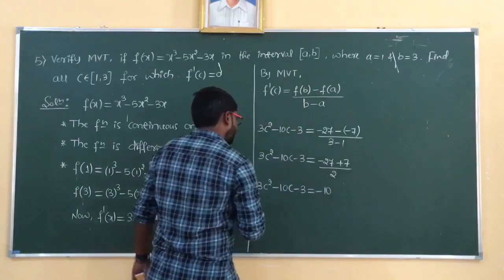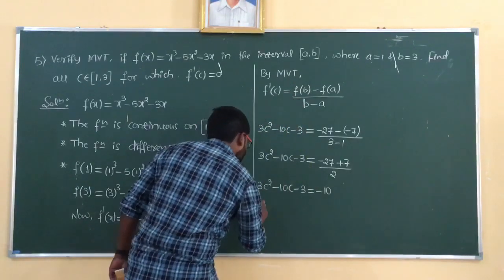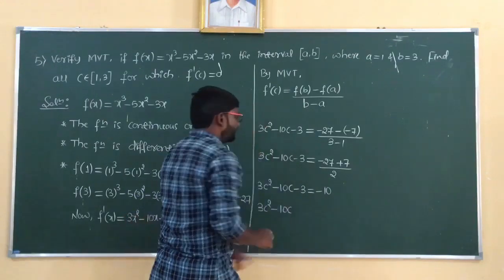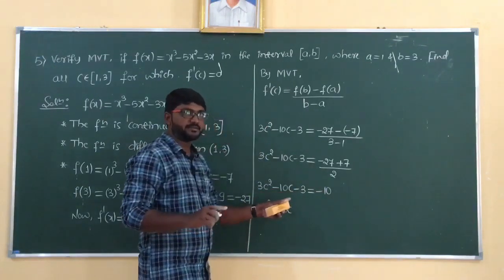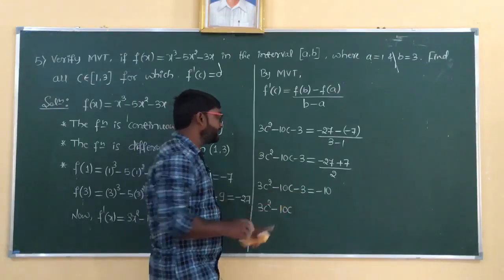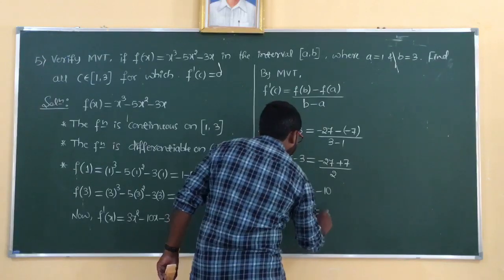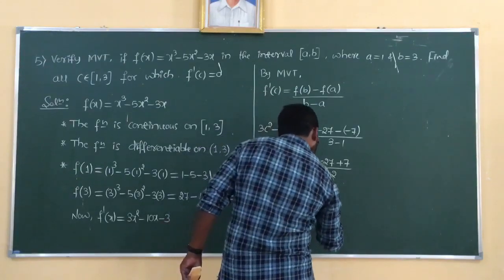So now take minus 10 to the LHS, it becomes plus 10. 3c square minus 10c, and 10 minus 3 will be 7, so we get plus 7, which is equal to 0.